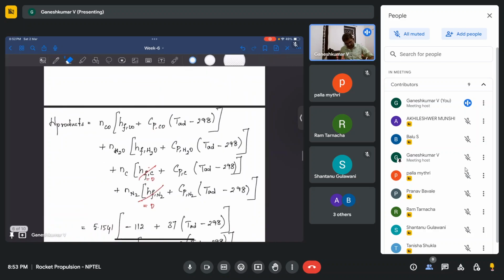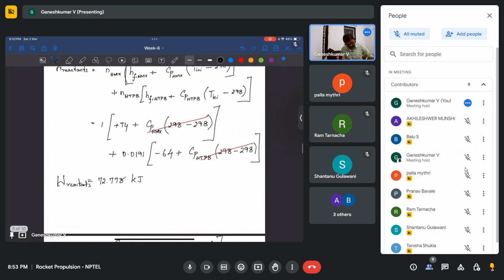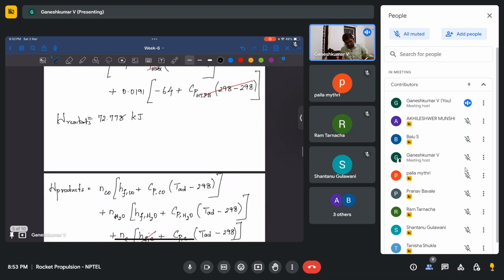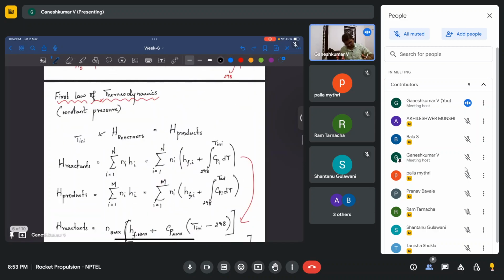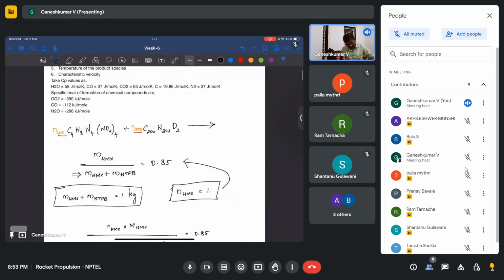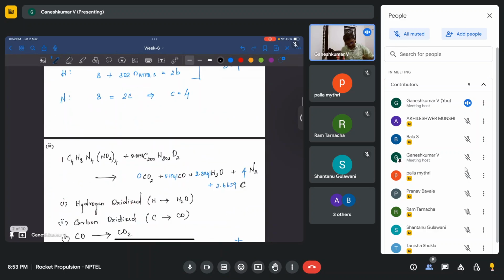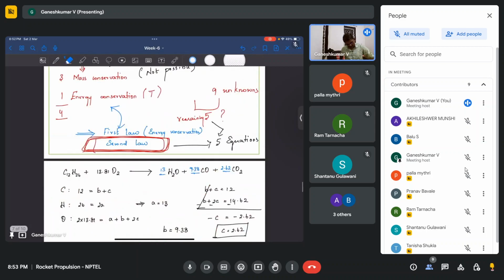The reactants we already found. One more thing: these are in kilojoules, these are in joules, so you should know that. All the formation enthalpies are given in kilojoules and all the CPs are in joules, so I should be a little careful with that.